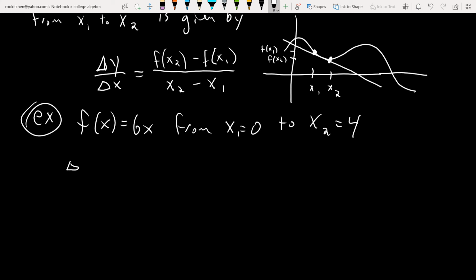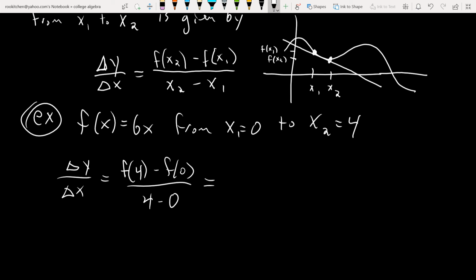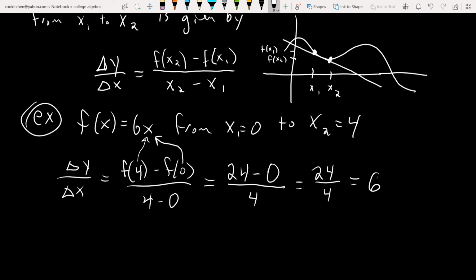Our change in y over change in x is going to be f of 4 minus f of 0 all over 4 minus 0. For f of 4, we just plug the 4 in, so 4 times 6 is 24, minus f of 0, which is 6 times 0, which is 0, all over 4 minus 0, which is just 4. 24 minus 0 is 24 over 4, and 24 divided by 4 is 6.